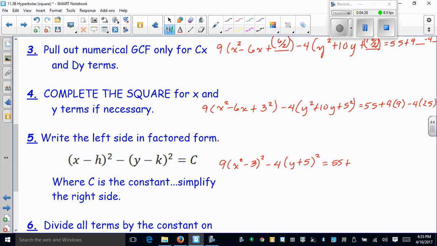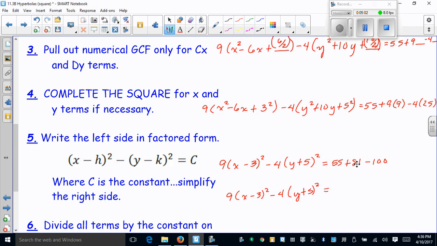That's going to get us to a number of 36. Oh, that's not squared. Wow, I just caught that too. Here I caught it because I was saying it and writing it. So 9 times x minus 3 squared minus 4 times y plus 5 squared equals 36.